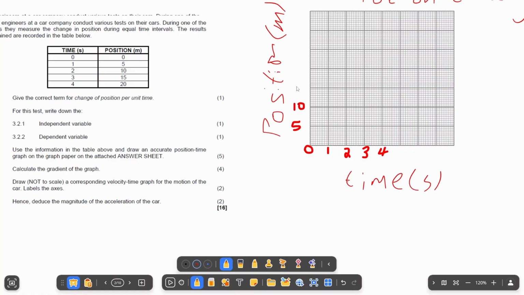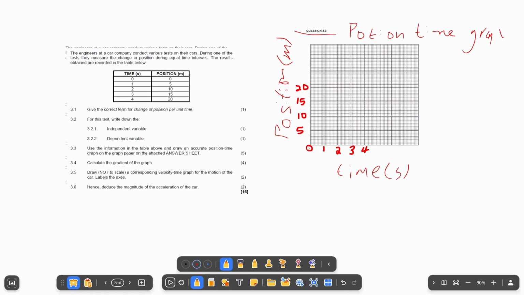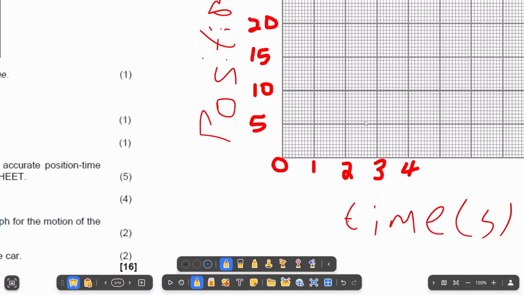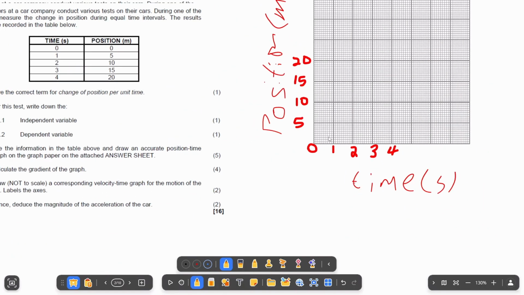It is good. Right. Now I have to plot points, which I'm going to join later. When time is 0 and position is 0, this is the point. Let me use a different pen. Remember, you will be using a pencil or a pen depending on the instructions to draw. Here you'll have to use a pen.